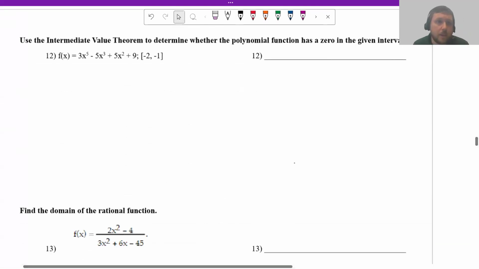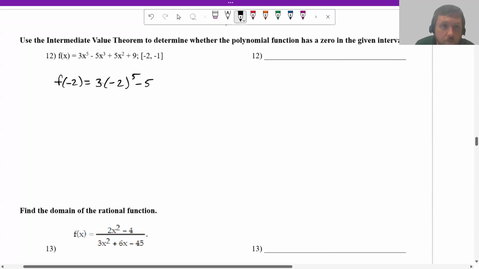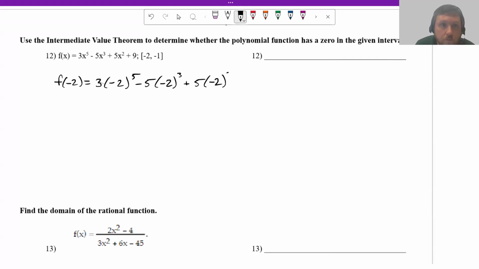Okay, use the intermediate value theorem to determine whether the function has a 0 in the given interval. So my interval is from -2 to -1, so compute f of -2. Okay, did I get all my terms in there?